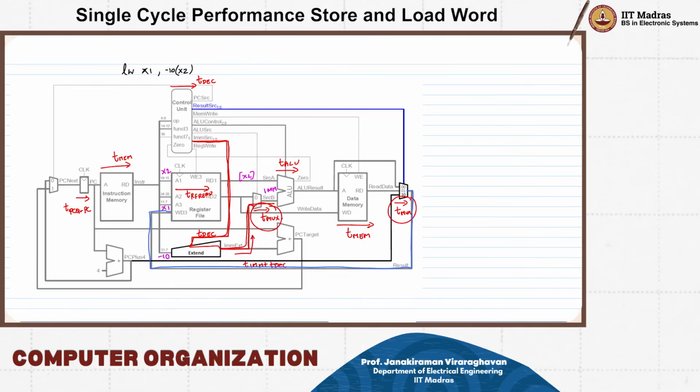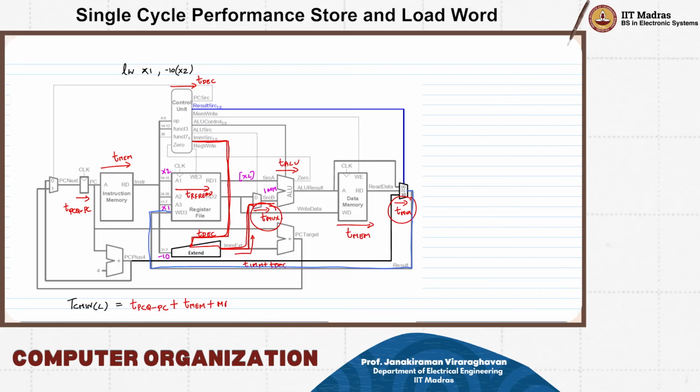So if I look at the delay associated with this load word instruction, and I look at the minimum clock period, TC min, for the load word type of instruction, then we basically have T PCQ PC, plus T memory, plus we are going to look at the maximum arrival time.